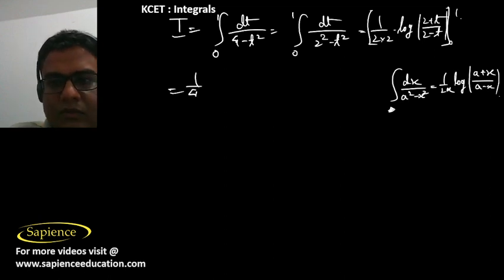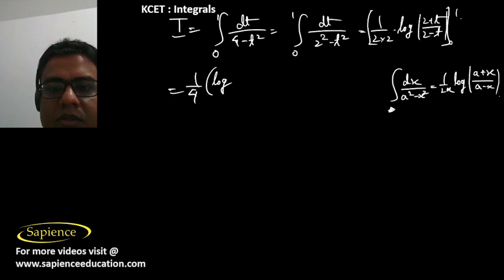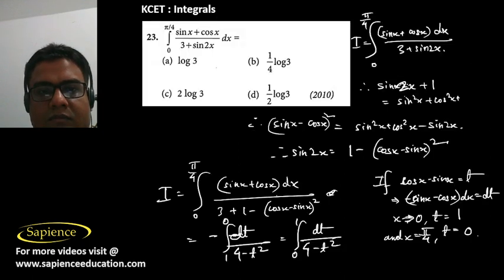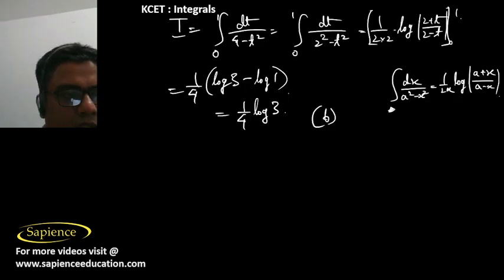So this will be 1 by 4 into log mod. If I put t is equal to 1, it will be log 3, minus, if I put 0, this will be log 1, which is 0. So this is 1 by 4 log 3. So option B is the correct answer.